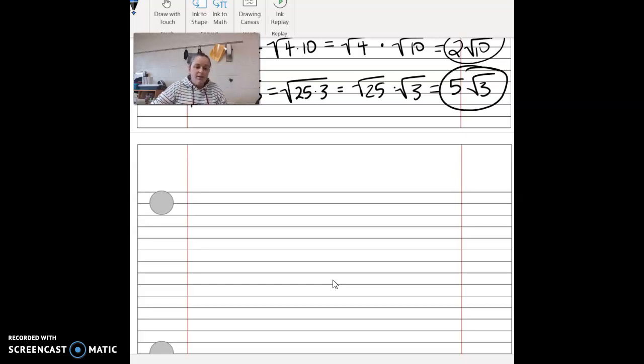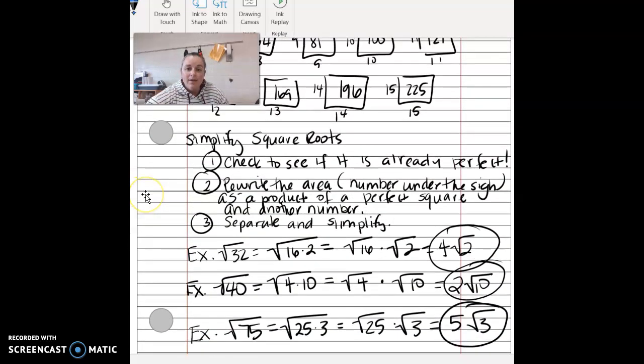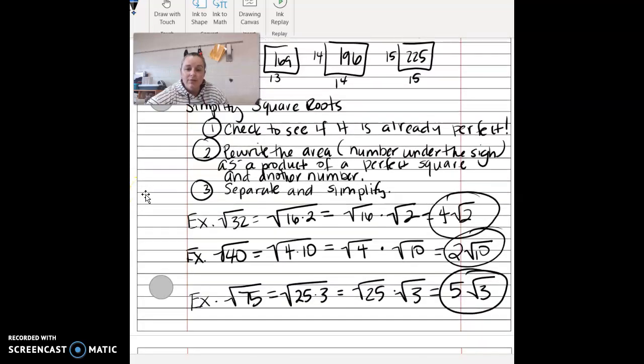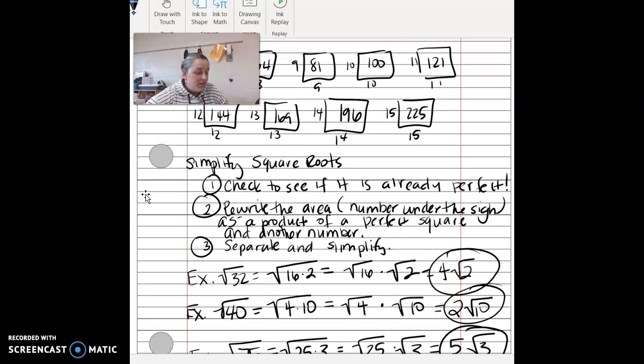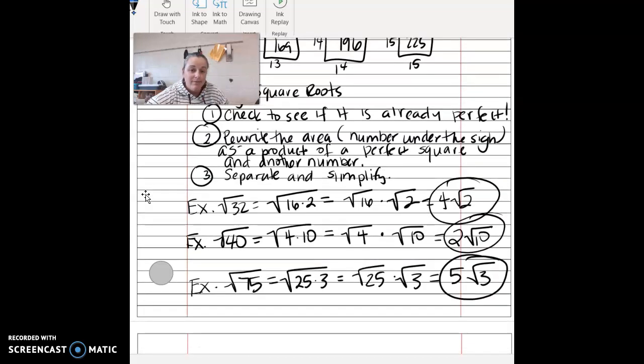Let's try the square root of 432. All right, so I go on to look at my perfect squares again. Let's try 432 divided by 225. Does that work? No. Divide by 196. No. Divide by 169.